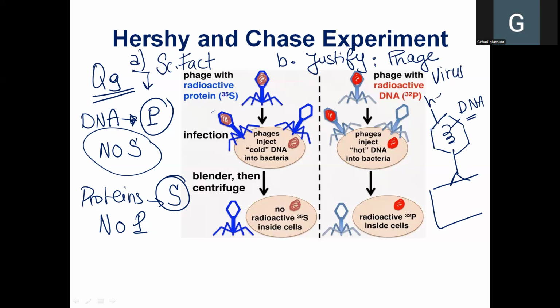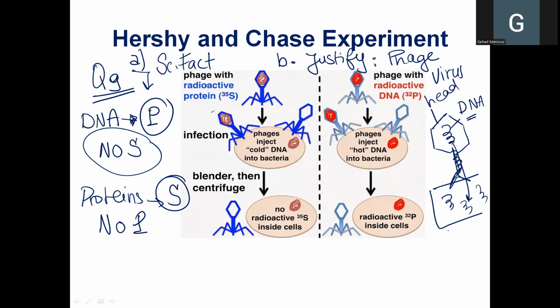It has a head, and the DNA is within a protein coat, and it has a tail, and the tail looks like a helix, so it can squeeze down like a syringe in order to inject its DNA inside the bacterium, and replicates inside the bacterium, and then results in death of the bacterium, but after having reproduced or multiplied the DNA of the virus.